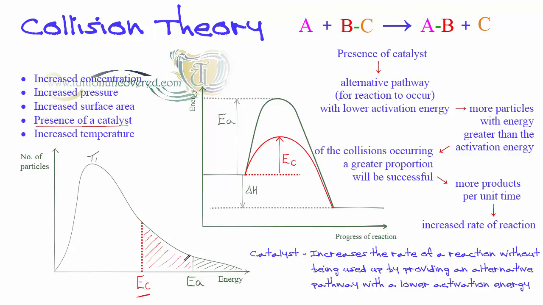Therefore, more products are produced. Increased rate of reaction. These particles still have energy less than the activation energy, therefore they will still not be reacting. But the numbers that are reacting has increased because the catalyst reduced the activation energy through providing an alternative pathway for the reaction. That's caused an increased rate of reaction.